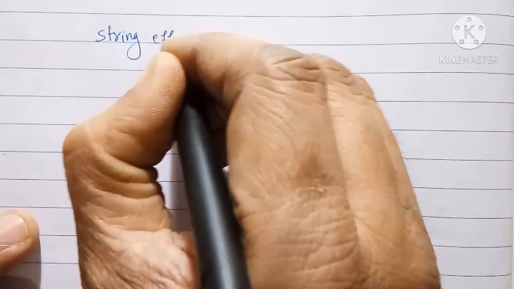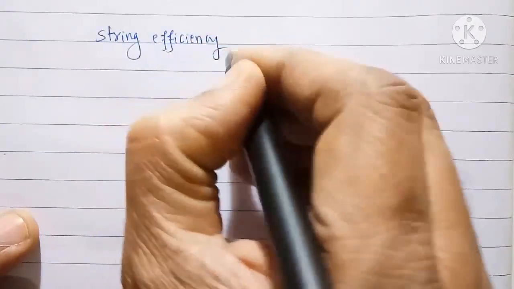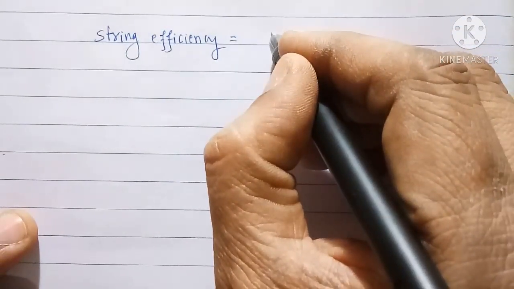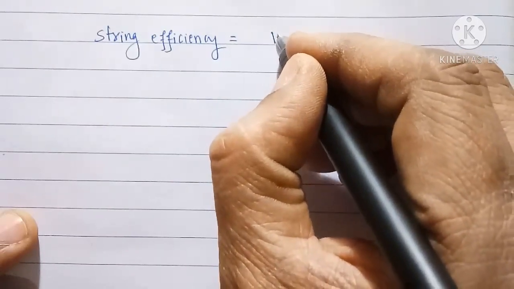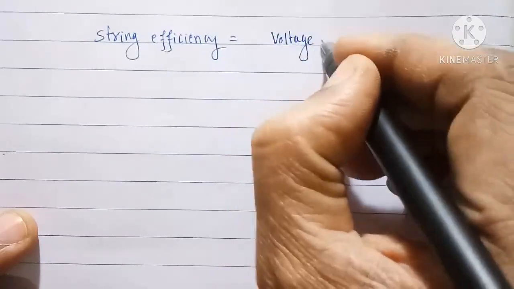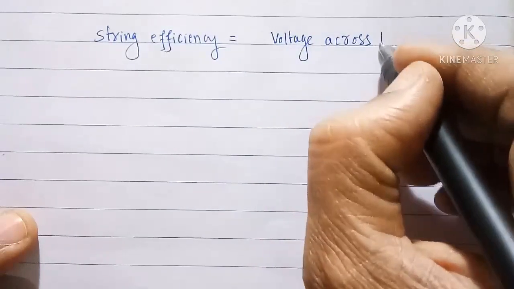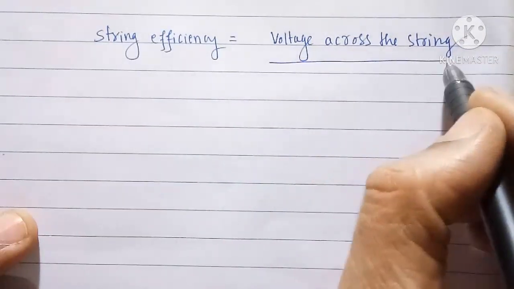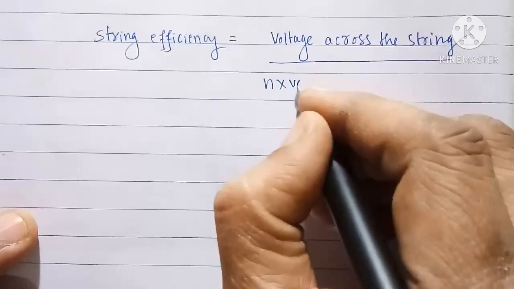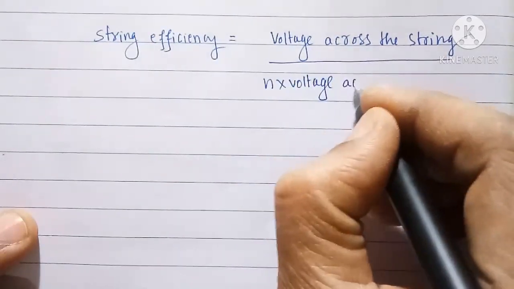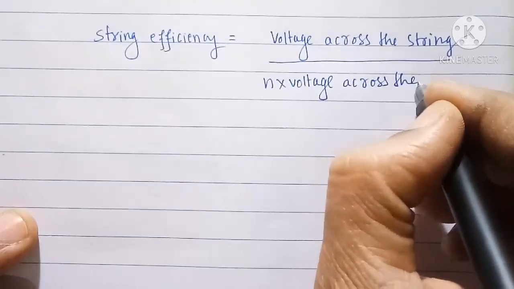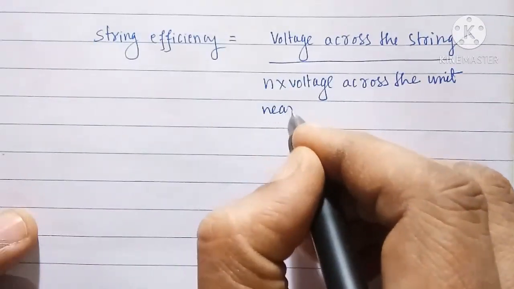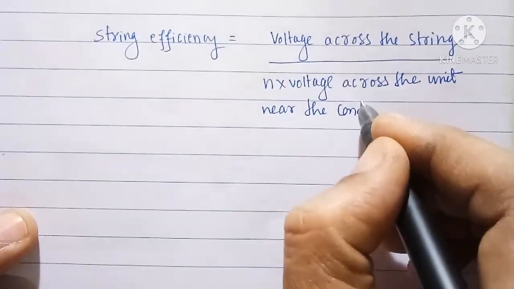String efficiency is equal to voltage across the string by N into voltage across the unit near the conductor.